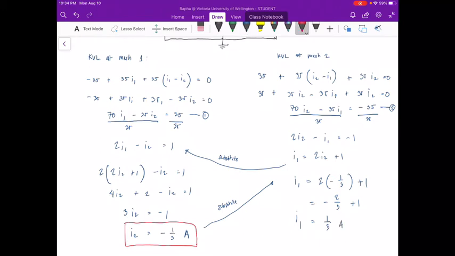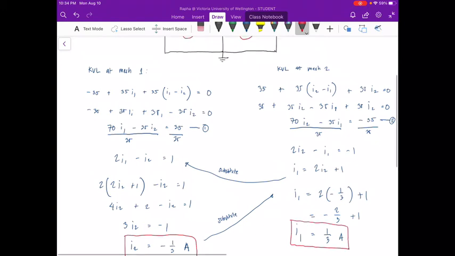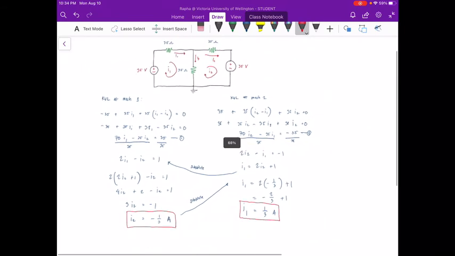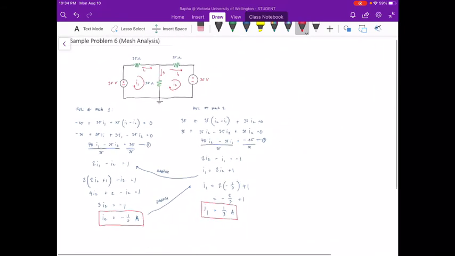So we have the value of our I1. So there we have it, our mesh analysis.